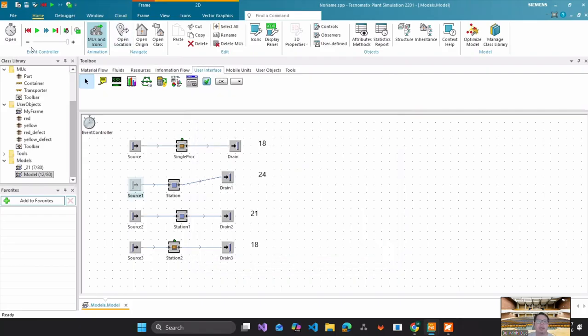Okay, but the thing is, if we reset and run the simulation time to time, the result that we have is always the same number. And of course, if you run it on your own computer, you will have a different result than what I have right now. Is that correct?